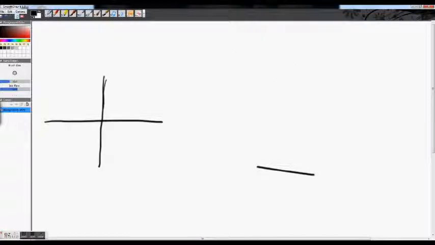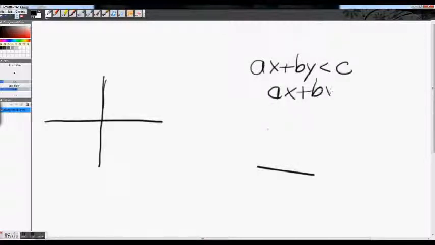We can write it in either the standard form or the slope-intercept form. So let's look at an example and how we would graph it.